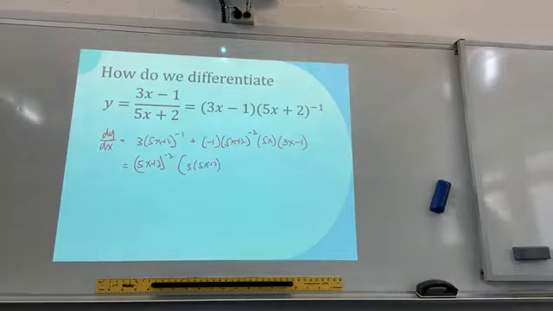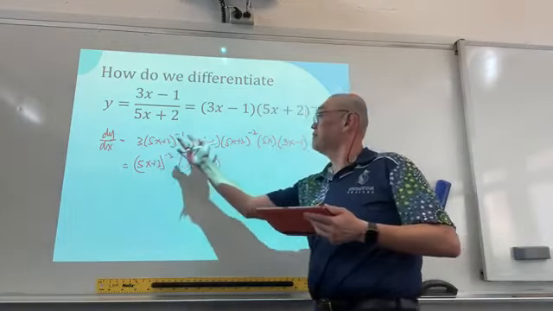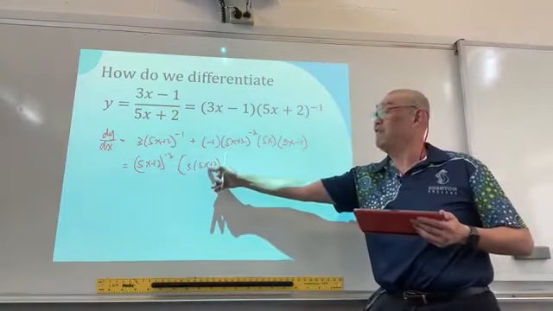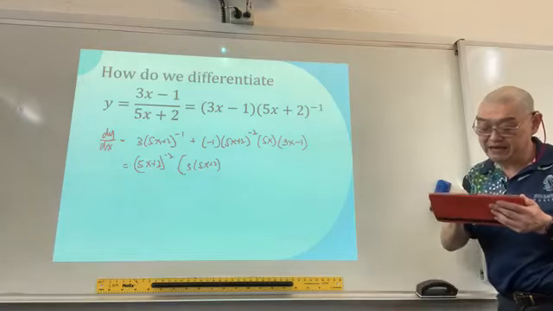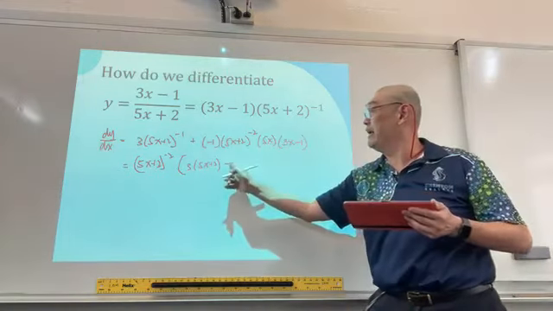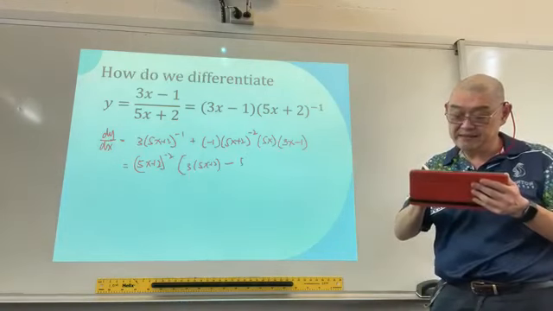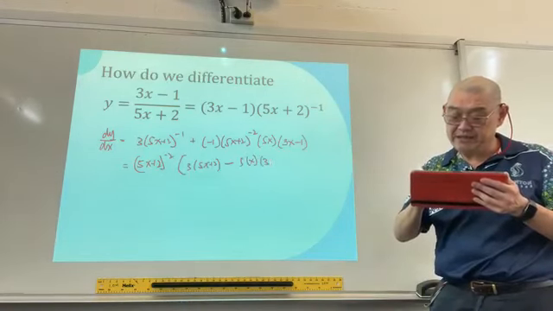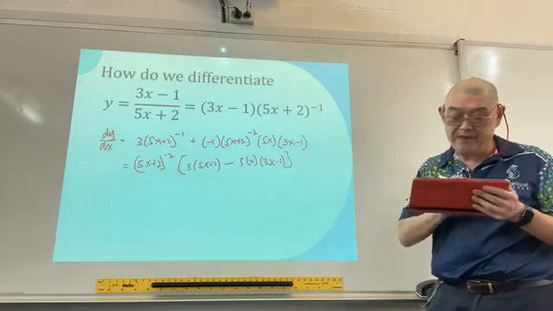Correct? So here, if I take this out as a common factor, which means that's 5x plus 2, am I right? Okay, so I'm taking minus 1 here, that will be negative. So this is taken out. I now have 5x times (3x minus 1). Happy with that?